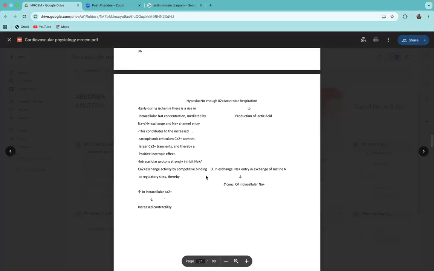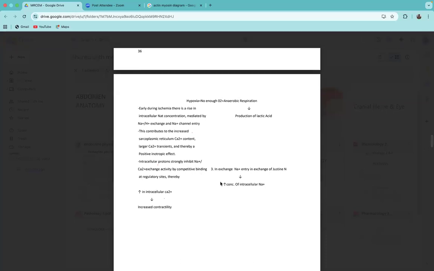And finally, due to the presence of sodium, and as the sodium potassium ATPase pump is not working properly, there will be intracellular calcium presence as well, which will ultimately result in increased contractility. So in the early phase during the ischemia, there will be a rise in intracellular sodium concentration that is mediated by the sodium proton exchange pump and the sodium channel entry as well, which contributes to the increased sarcoplasmic reticulum calcium release.